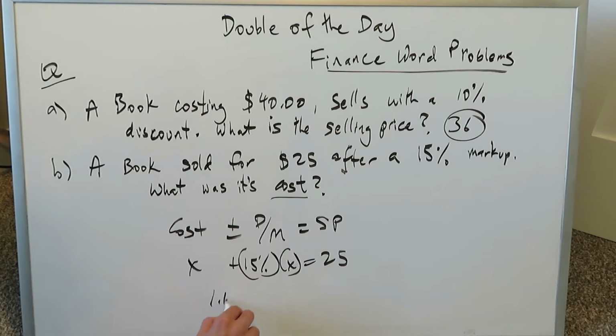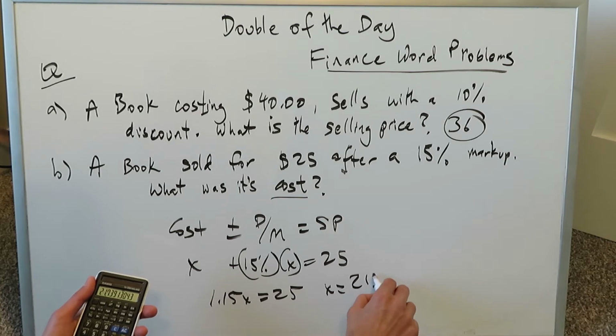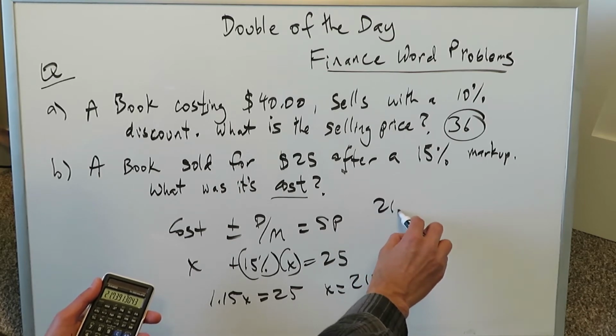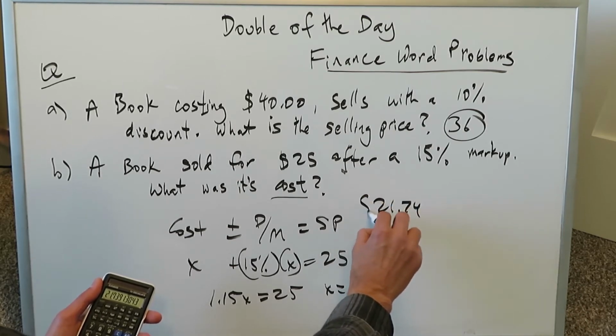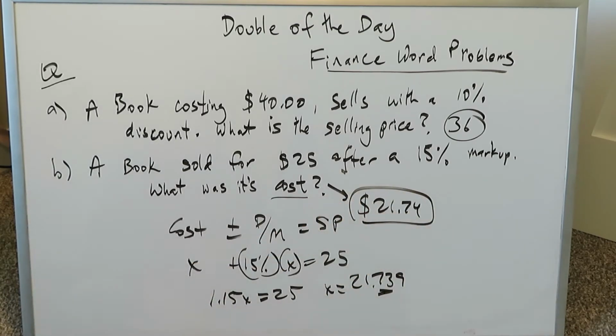Here you get 1.15x is equal to 25 and then x is equal to 25 divided by 1.15. I'm getting an answer here, 21.739, but when you're talking about money, you can only go to two decimal places, so we can just say $21.74. So that's the original price of the book, and that right there is the answer.